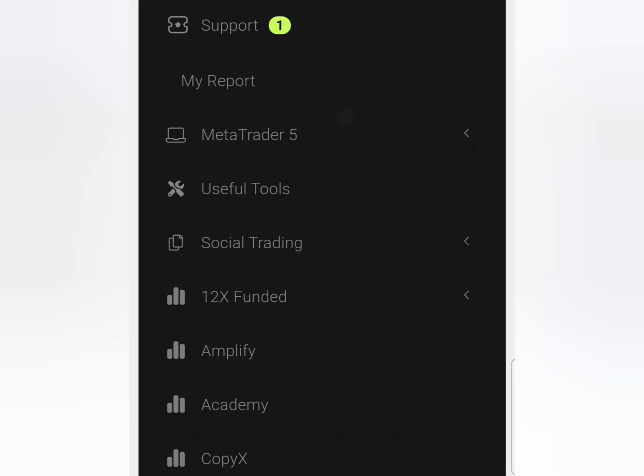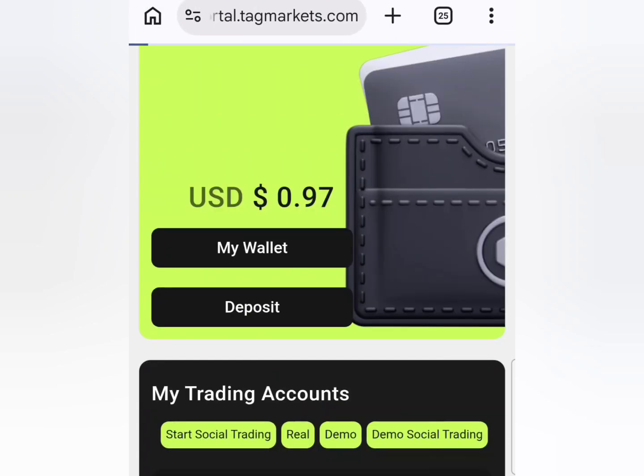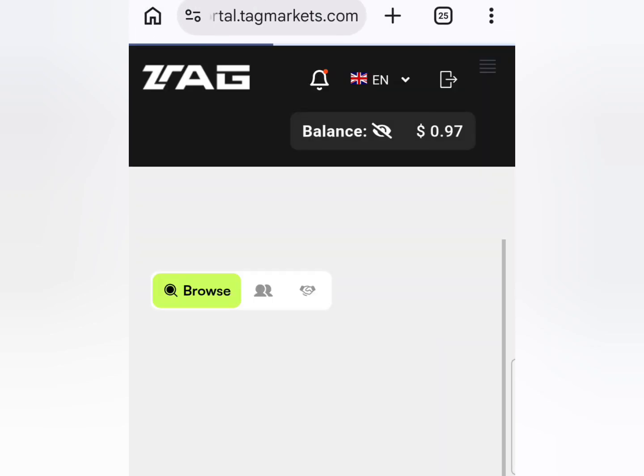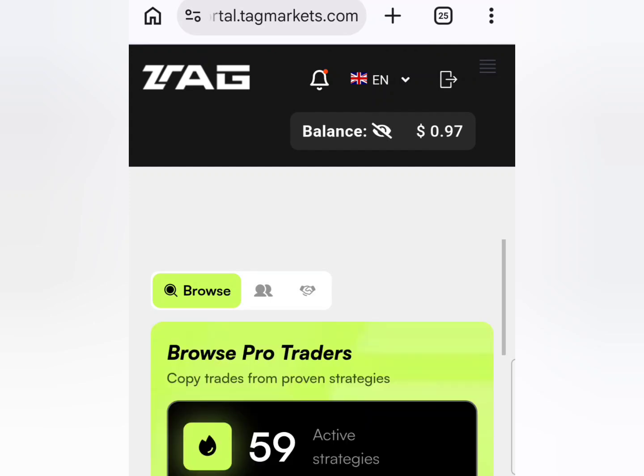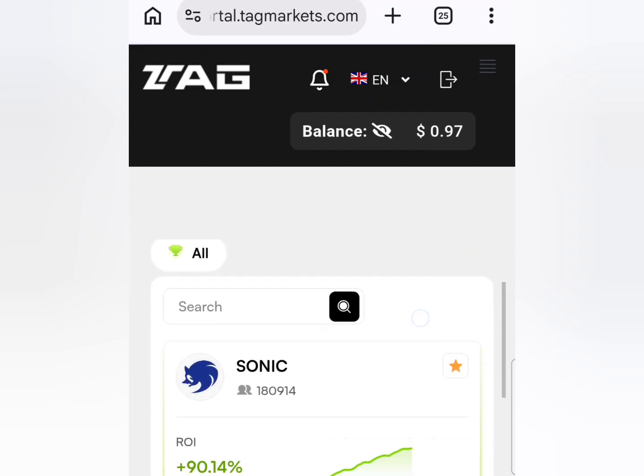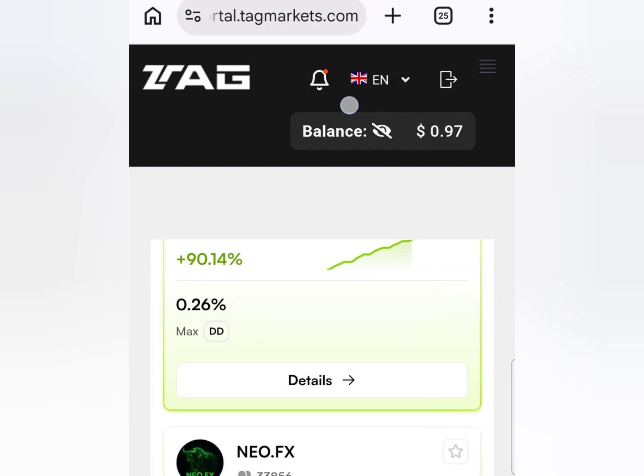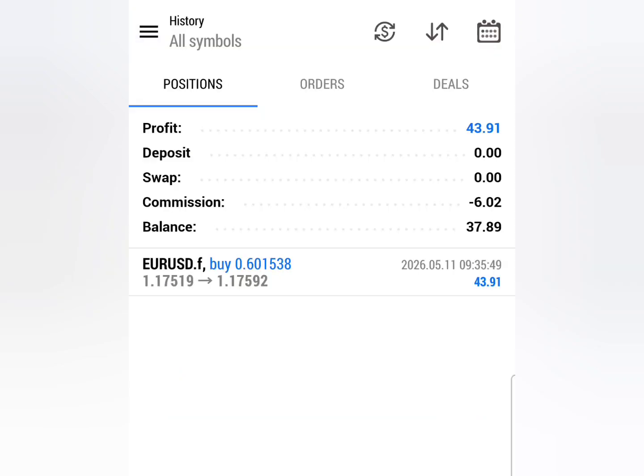The money is controlled by you inside Tag Markets. Then the AI automatically trades for you. I woke up in the morning and saw this $43 made using this copy trading system on Tag Markets.